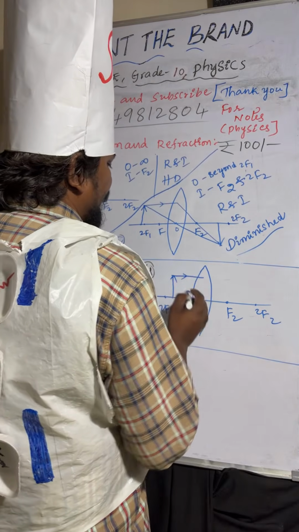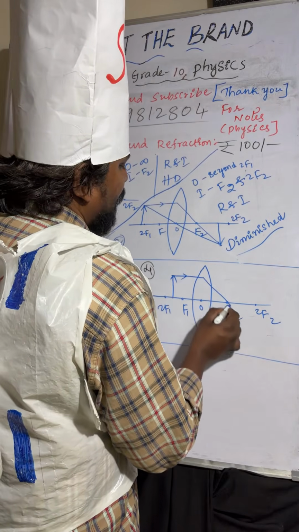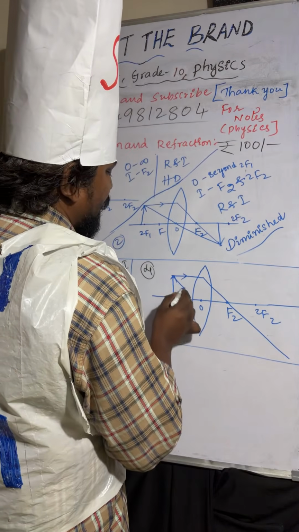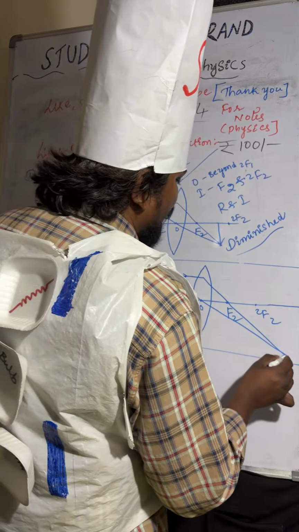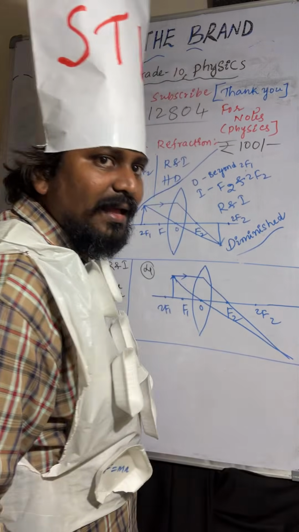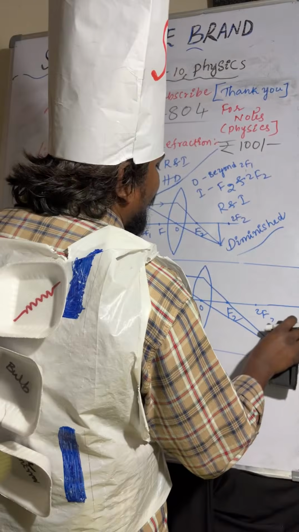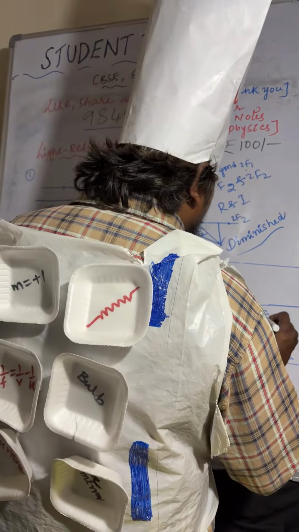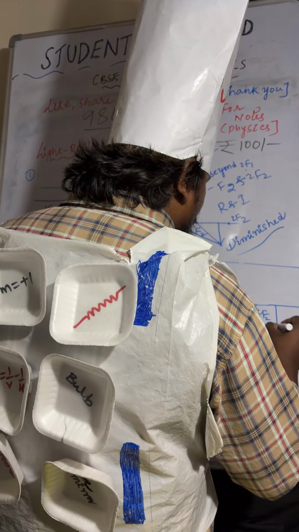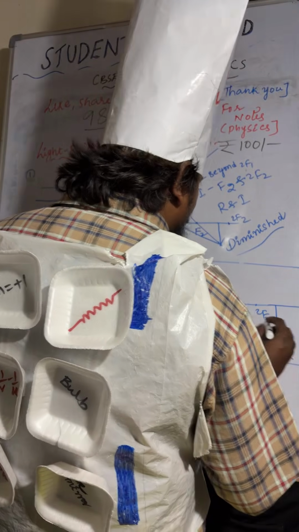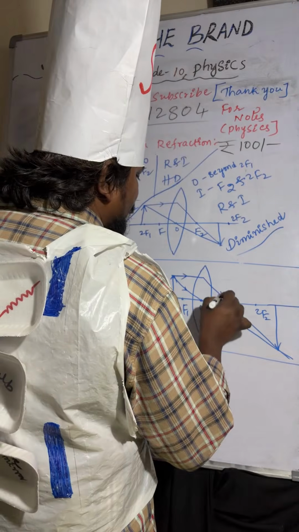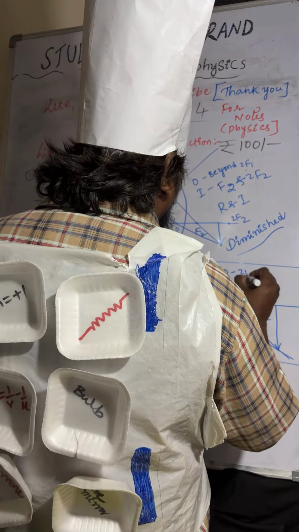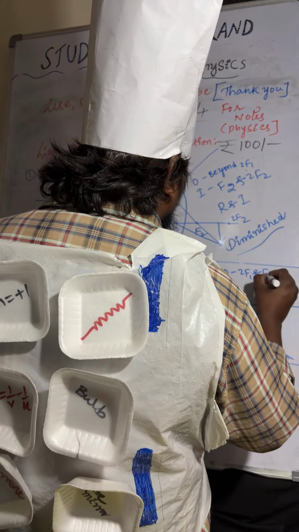One light ray I am taking like this, it passes. Another light ray is passing through focus. Object is placed between 2F1 and F1.